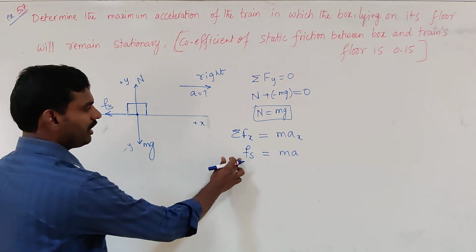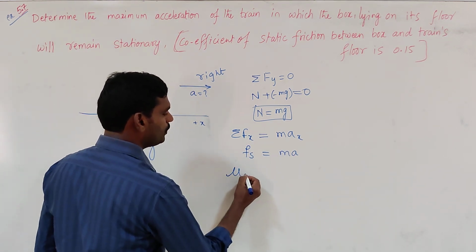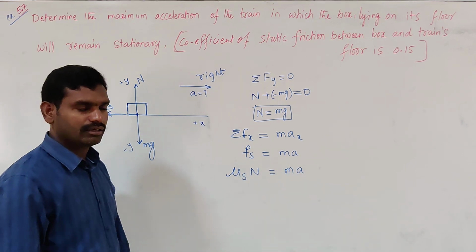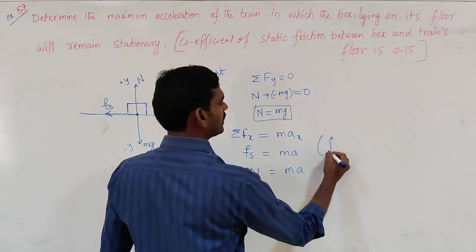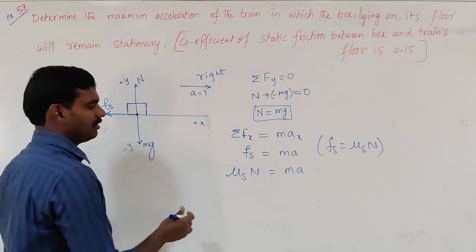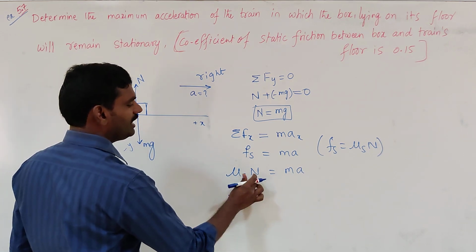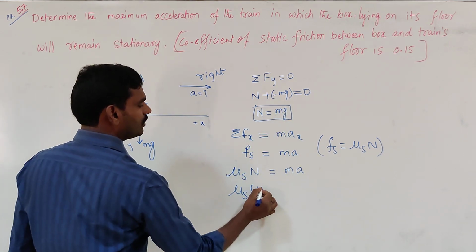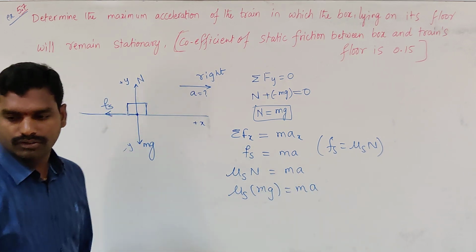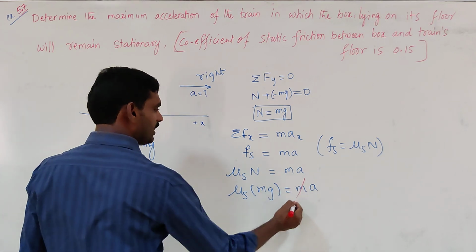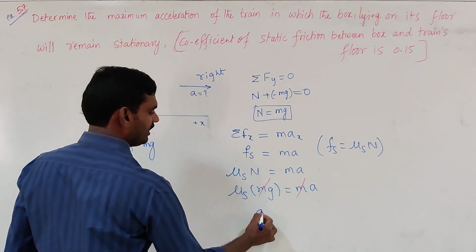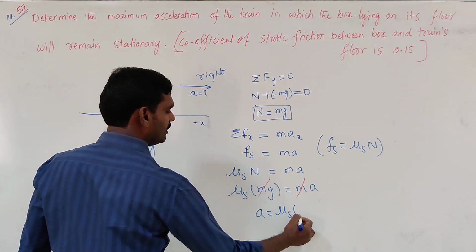We know Fs is mu s into N, which equals ma. We got N equal to mg, so mu s mg equal to ma. The mass cancels, so acceleration a is equal to mu s into g.